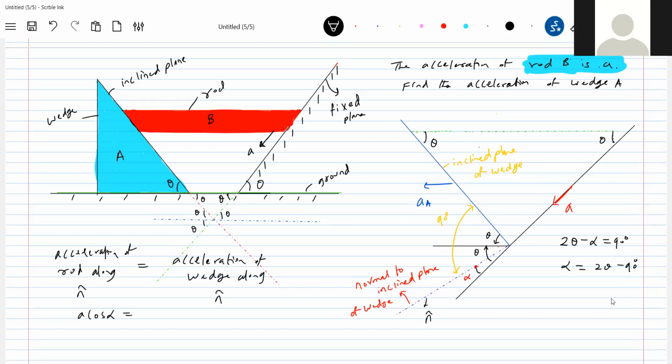A cos theta minus alpha. No, A cos alpha is this one, no? A cos theta minus alpha. Theta is this one, no? The theta is this one. So along the perpendicular, it should be A sine theta only, because you bring that acceleration of the wedge somewhere here, and this will become normal, n cap. 90 degrees it is making.